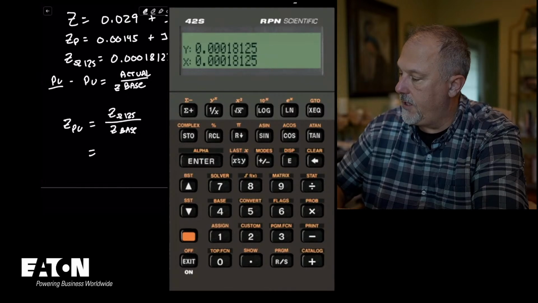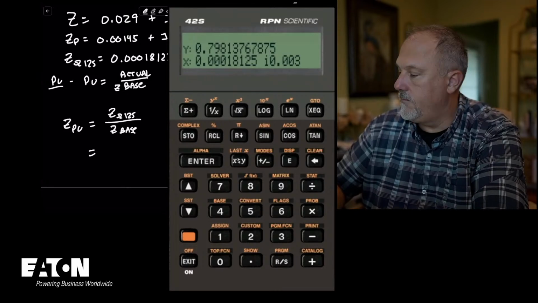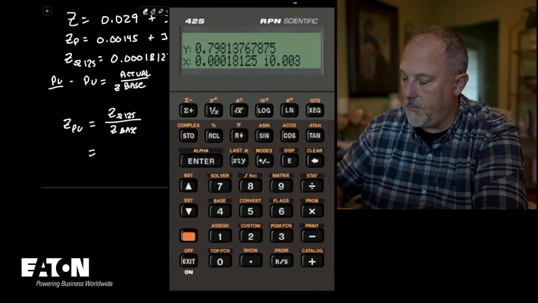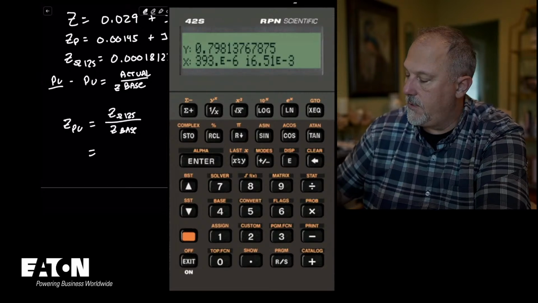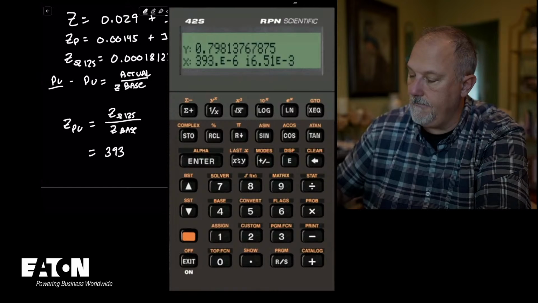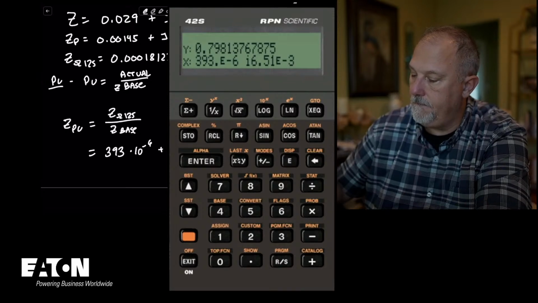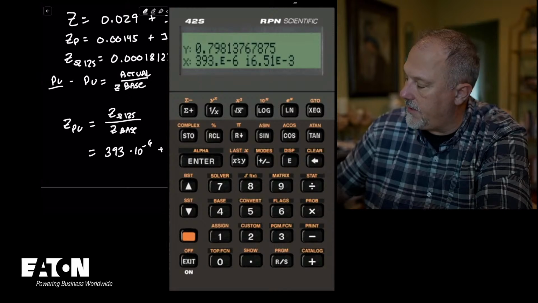0.00018125, 0.003, complex. So there's my number in real and reactive components. Divide that by 0.4608. That is 393 times 10 to the negative 6th plus J 6.51 times 10 to the negative 3.